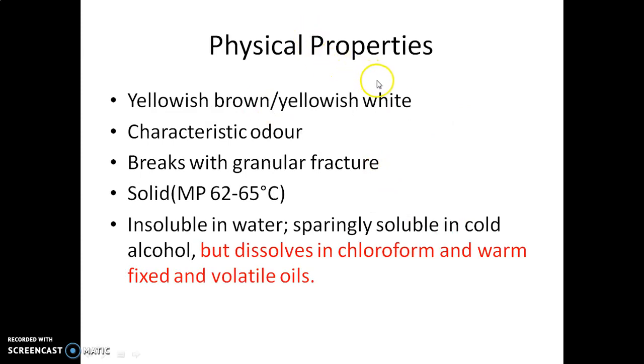Let's see the physical properties of beeswax. Beeswax is a yellowish brown or yellowish white solid, and it breaks with a granular fracture. It has a characteristic odor. The melting point of beeswax is between 60 to 65 degrees Celsius, and this is one of the checkpoints for adulteration of beeswax.